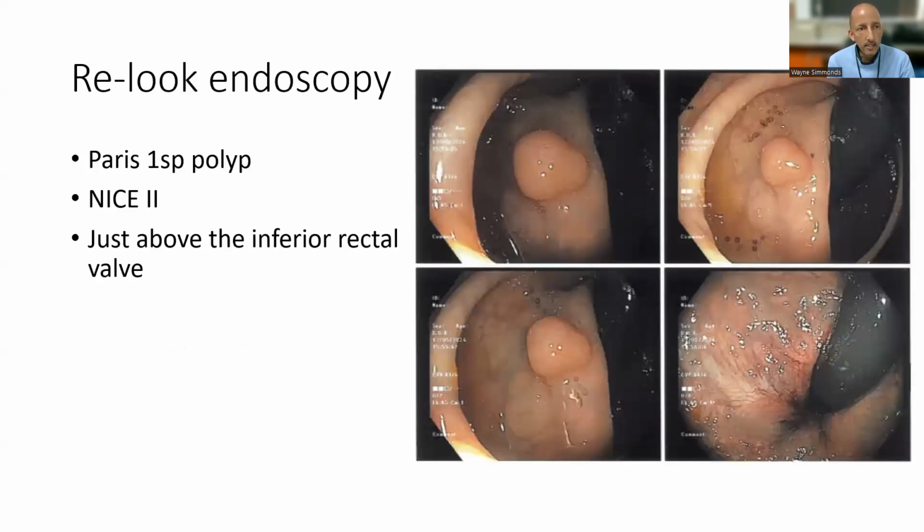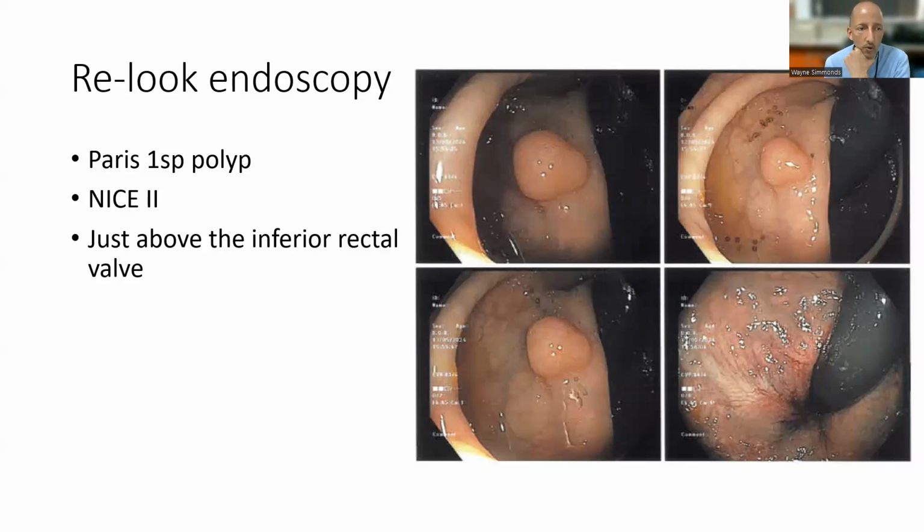So I did the lower endoscopy, and initially I did not find anything more than what the surgeon found. But for some reason, in this case, I elected to do retroflexion in the rectum at the end of the colonoscopy. And I was very alarmed to find this lesion just above the inferior valve in the rectum.